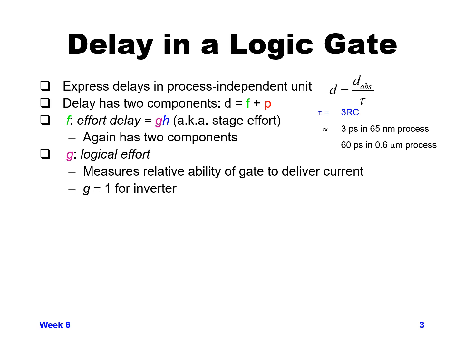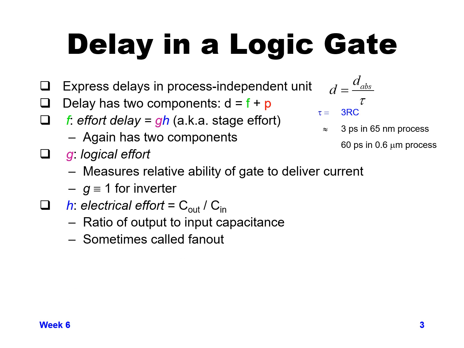And more complex gates are going to have a higher value of G. So they're going to have a harder time switching depending on what type of load you have. And we'll get into how to calculate the value of G going forward, but just keep in mind a basic minimum size inverter has a G of 1 by definition.